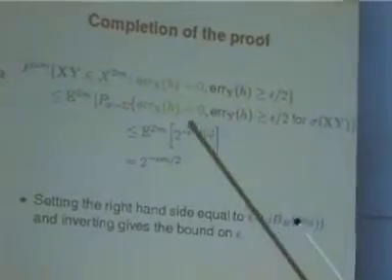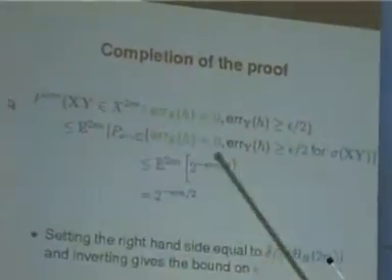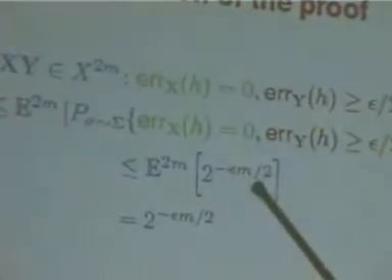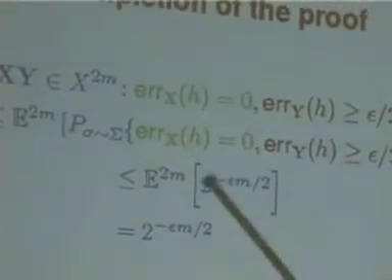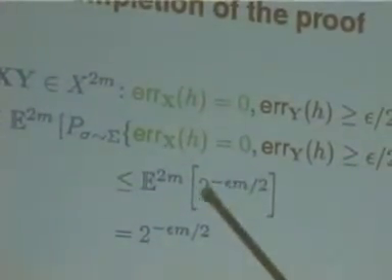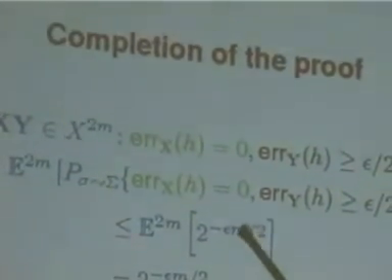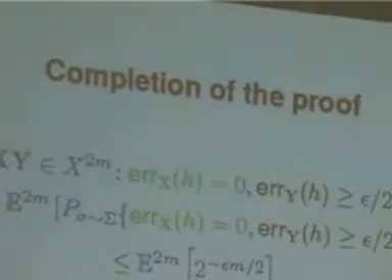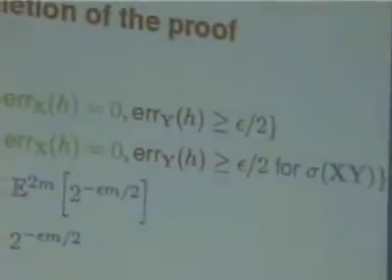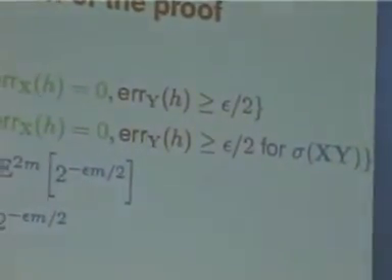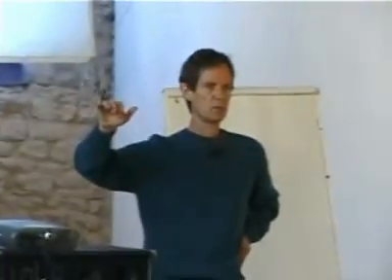So the probability over this random choice is 2 to the minus epsilon m over 2, essentially 1/2 to the power of the number of errors that we have on the right-hand side. You can also do a counting argument as another way of thinking of it. Count the permutations that actually leave those guys on the right-hand side.